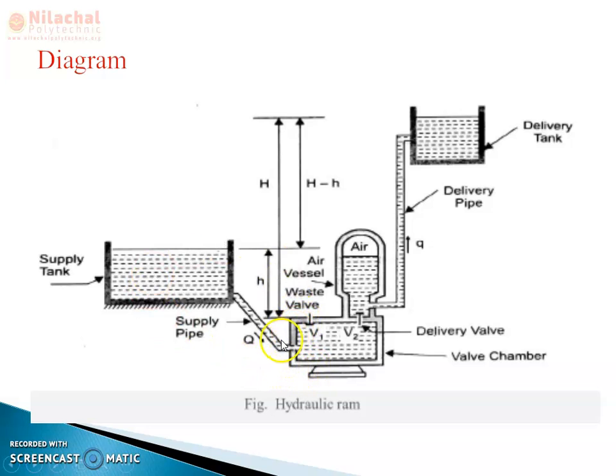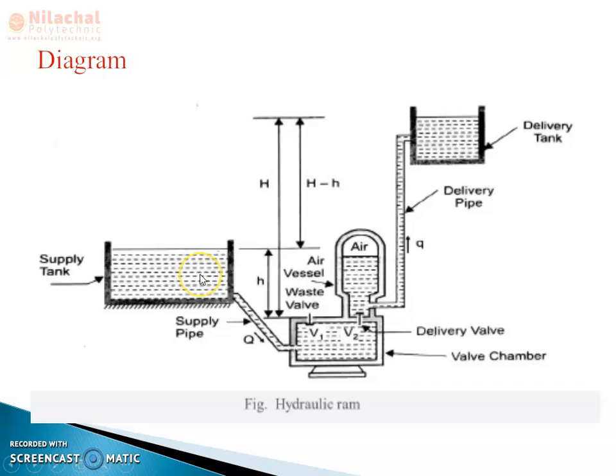Let's start from here. This is the supply tank. From the supply tank, a large quantity of water is available at low head. You have to supply a small quantity of water, pumped into the delivery tank, without the use of electricity.